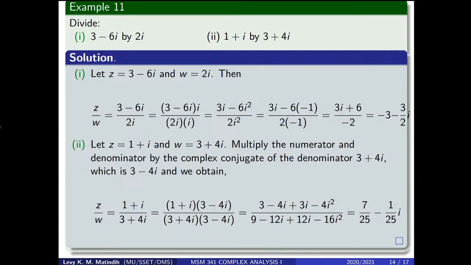Now you see, if you look at 3 minus 6i divided by 2i, this is not in standard form. Standard form is supposed to appear like a plus ib. So we need to reduce it to standard form. How can we do this?